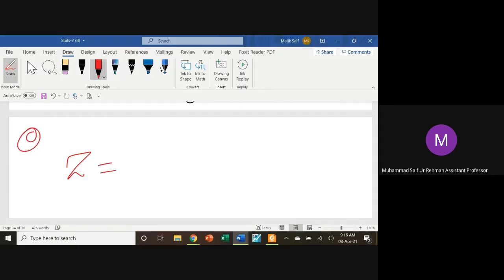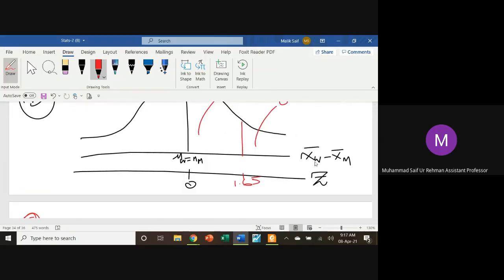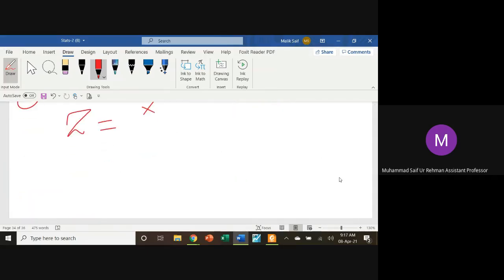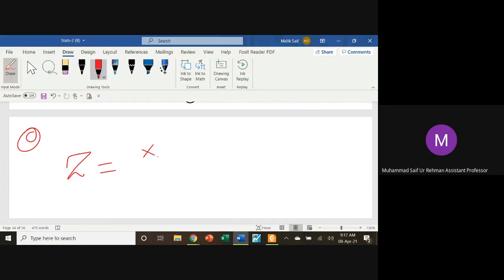So you will use the formula, that is z. In this case, as you are taking w minus m, you will write down x̄w minus x̄m. And as I've said, mu w minus mu m will be equal to 0, so there is no need of writing that down. Then sigma w square over nw will be there, because nw will represent the sample size of the women.